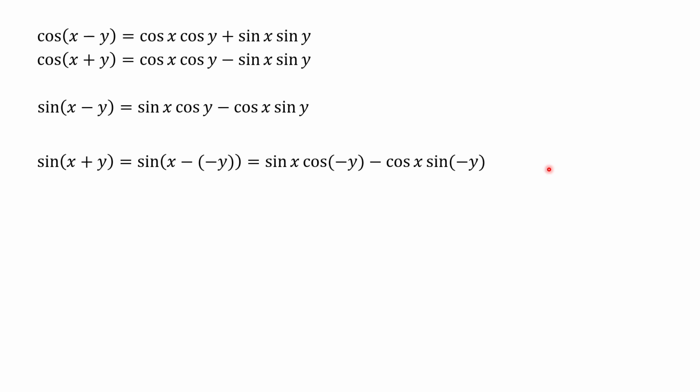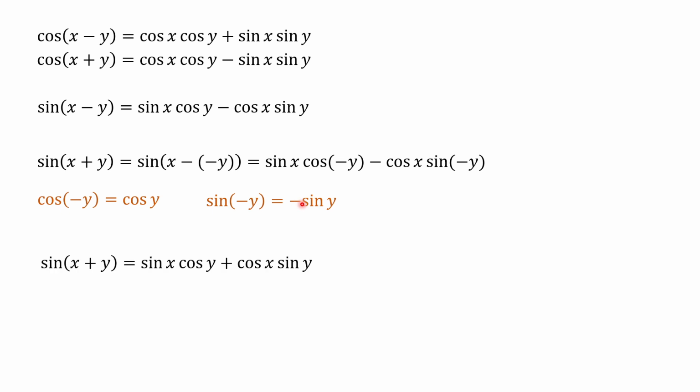That's all that happens here. And now we have to deal with cosine of minus y and sine of minus y. Again, we remember that cosine is an even function. It doesn't care whether it's minus or not. And sine is an odd function where the minus just comes out outside of the sine. And if you use these formulas, we're going to have our sine of the sum.